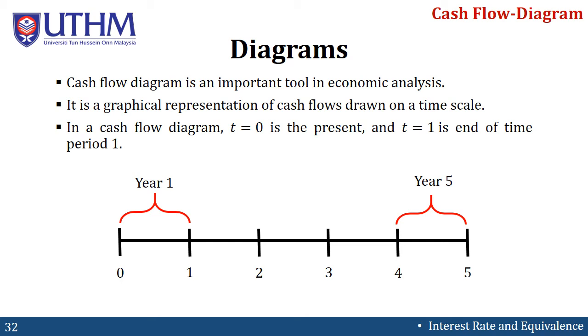In the cash flow diagram, t equals 0 is the present and t equals 1 is the end of time period 1. So in this diagram, the 0 means the time you borrow the money, and number 1 is year 1. So if you have borrowed for 5 years, the cash flow should be like this.